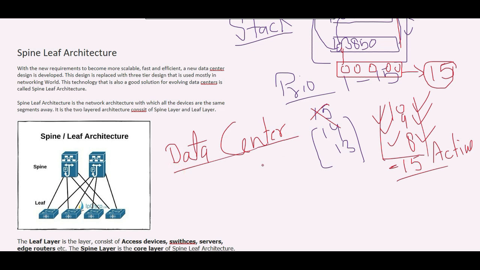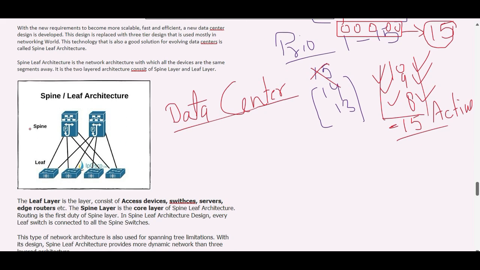Suppose you are using some services like Facebook or Google. These companies have separate data centers because they have a lot of services and a lot of servers, so they place them in the data center. In data center architecture, they also design layers like spine and leaf, like an access layer.